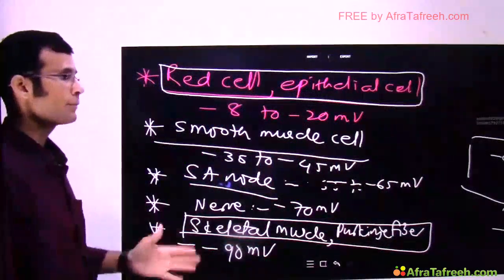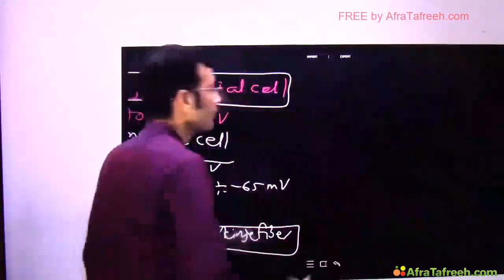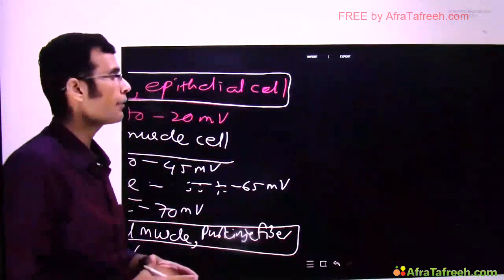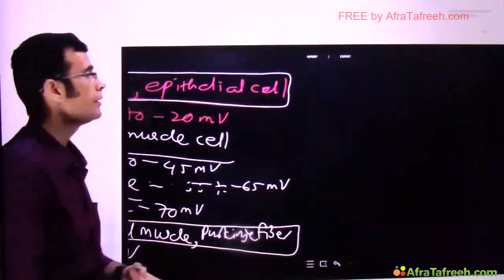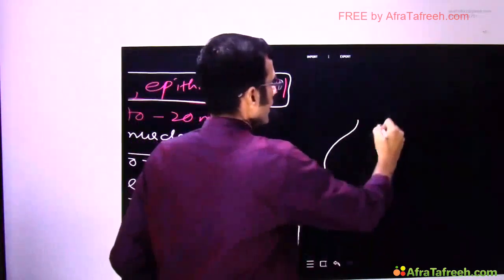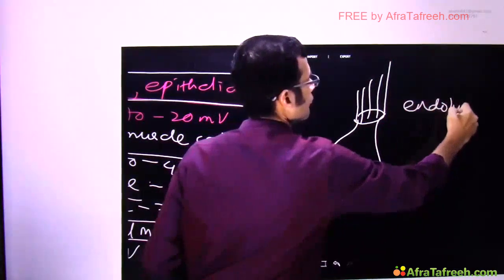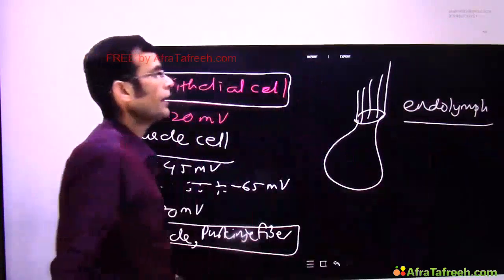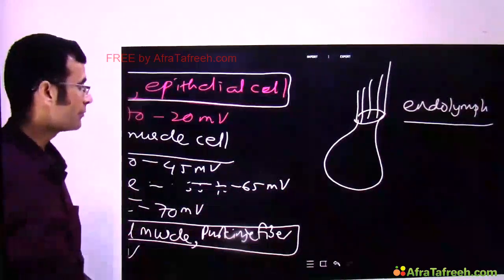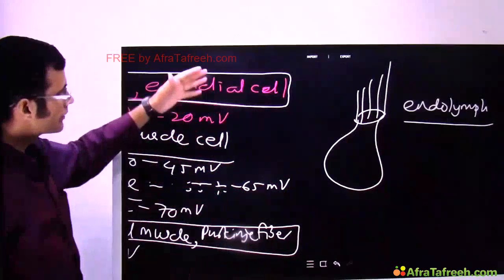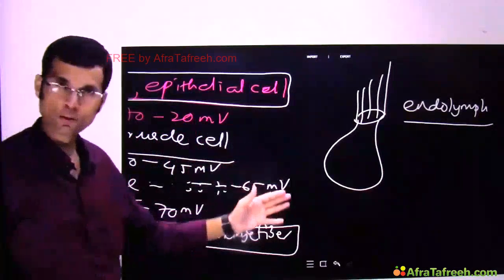But there is an exception, and the exception is the hair cell in the cochlea. The hair cell in our labyrinth is a receptor cell for hearing and equilibrium. The hair cell is surrounded by a fluid called endolymph, and endolymph is not the normal ECF. We were considering that all these cells are surrounded by the same ECF whose value is taken to be 0 millivolts.